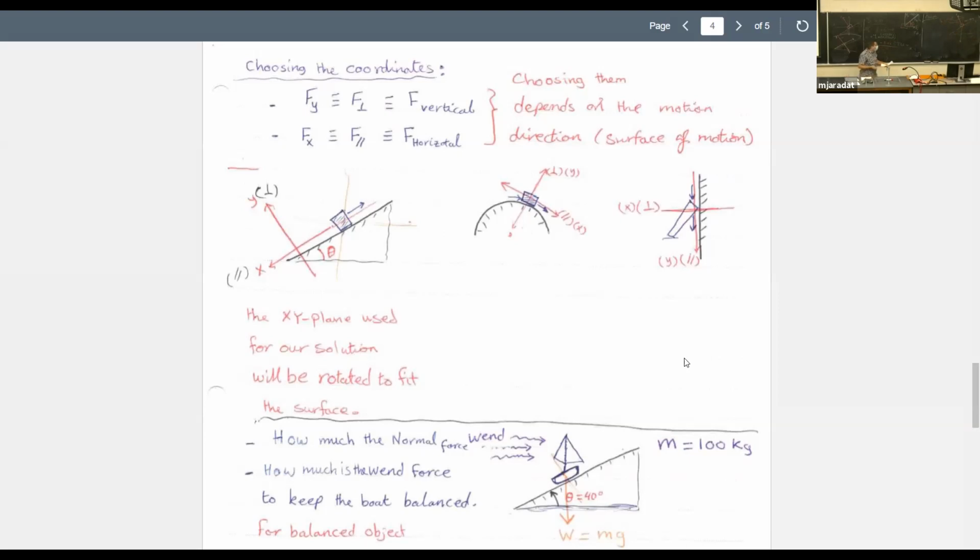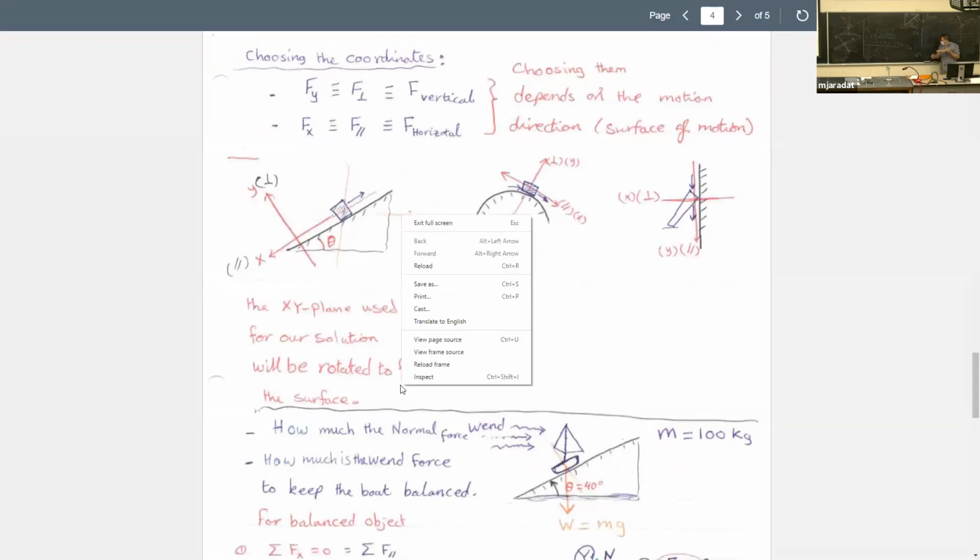No, we need to find it. Now, in the normal case, we have this surface and we have the boat. Then the boat will go down. But if we have a force keeping this body, it will not go down. We need to compute this force.